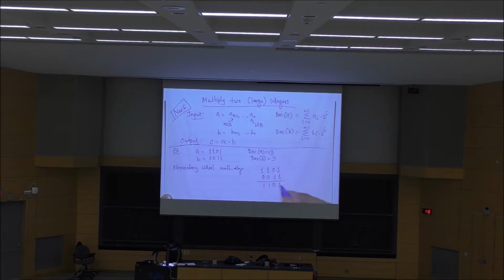Do the same thing over here, but then shift by 1. So 1011. Then you do 0, so you get all zeros, but it's shifted by 1, and another 1. You add it up, 1 1 1 0 0 1.